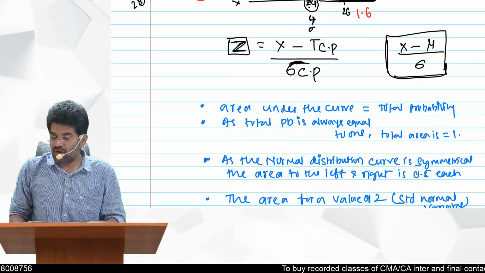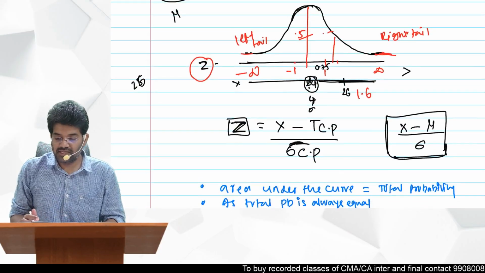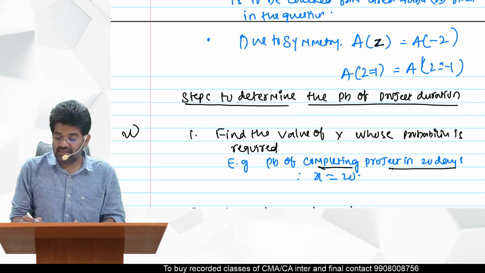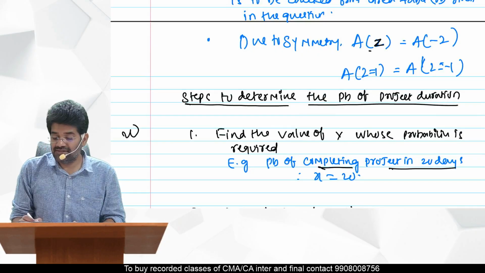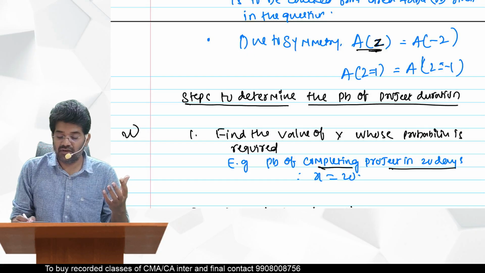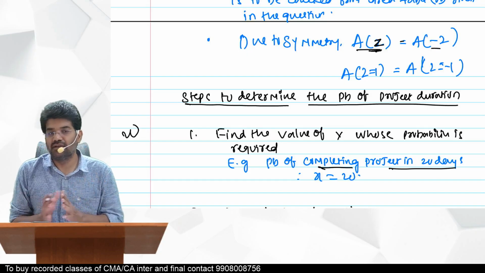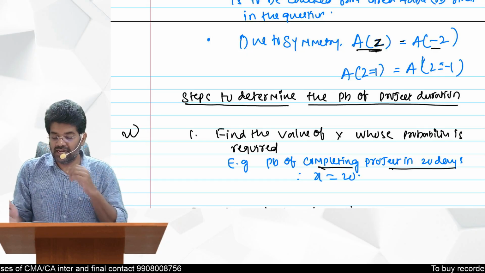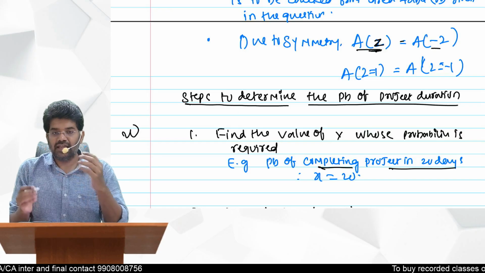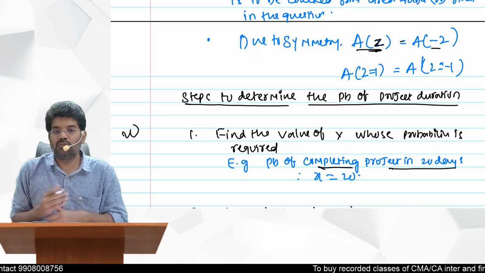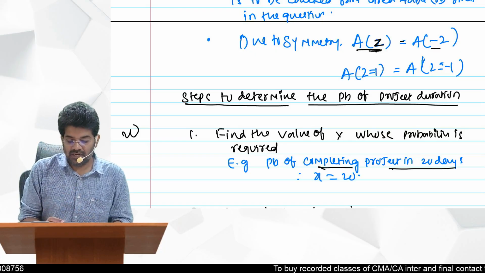One more important point is that, due to symmetry, the area of positive Z value is equal to the area of negative Z value. So the area of Z equal to 1 is equal to the area of Z equal to minus 1.